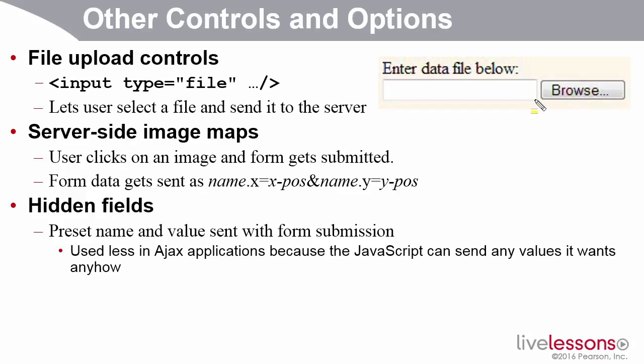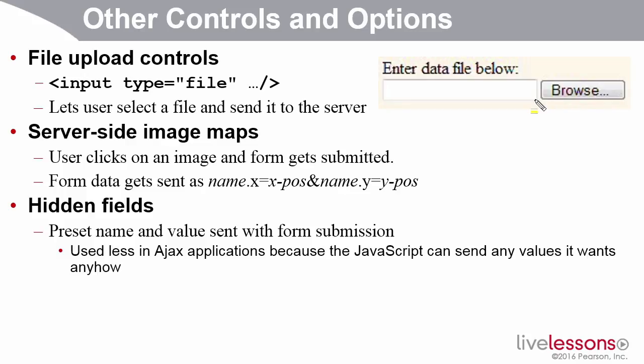Hidden fields. Now, hidden fields are widely used in normal form submissions, and they do things like track a session ID. When the user first arrives, you assign a value to the hidden field, and then you keep track of that over time, and so you can use that to remember what's in their shopping cart. But with AJAX applications, it's not so important because the JavaScript code can send any value that it wants to anyway.